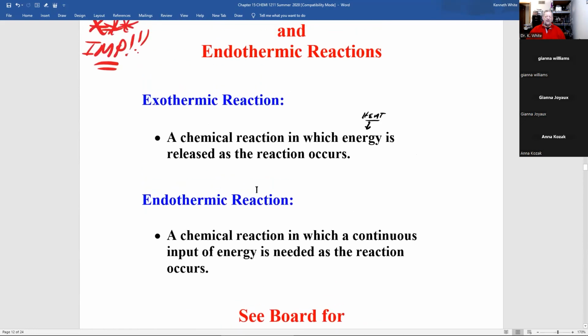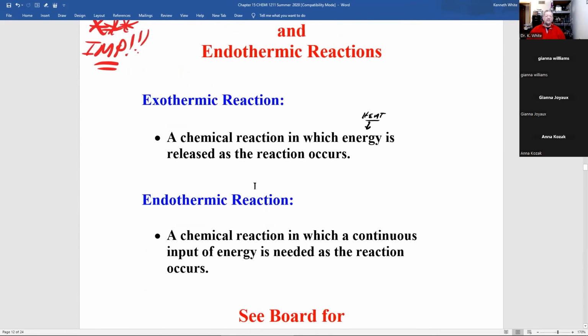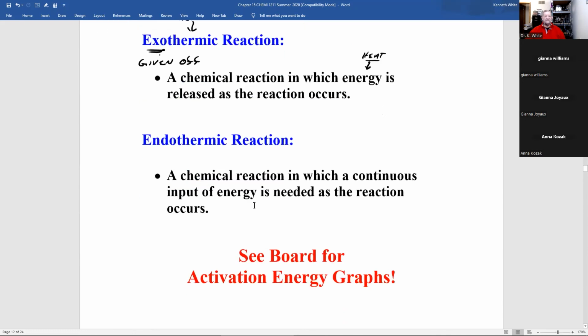Now, the other type of classification is endothermic. And look at the prefix, exo, something is given off. Thermic means heat or energy, like temperature, thermometer.